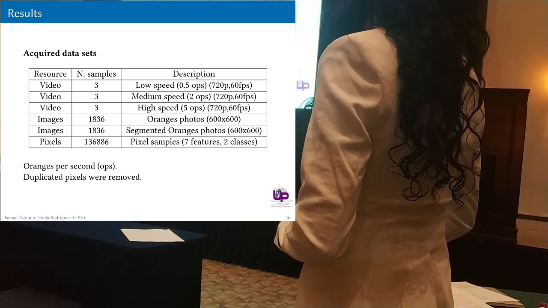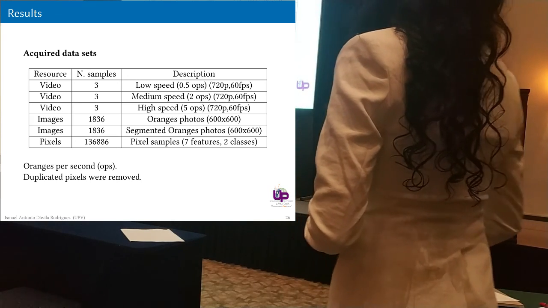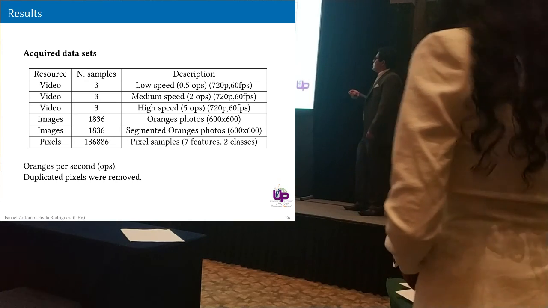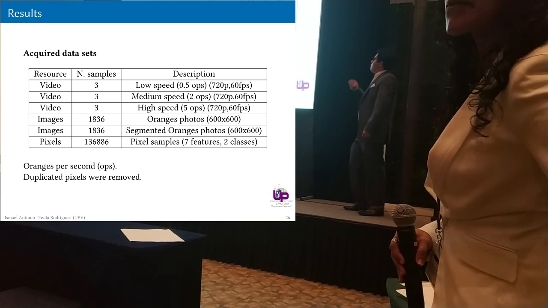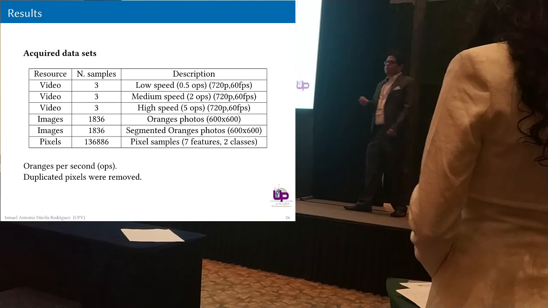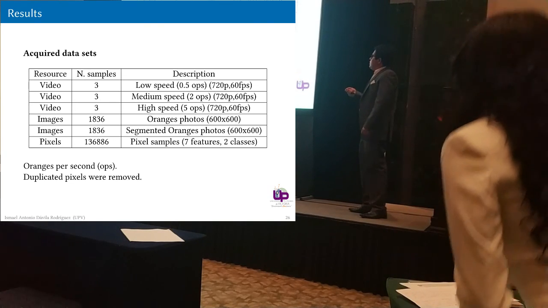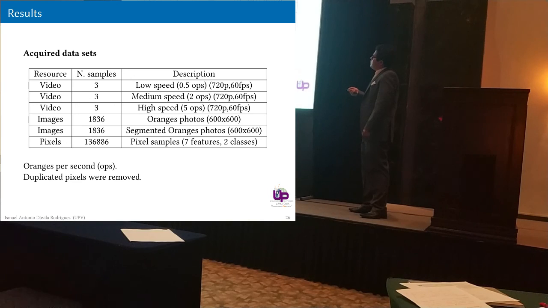So here we have the results. First of all, we recorded 9 videos with different speeds. As you see here, OPS means oranges per second. From the videos, this amount of images was taken, and also the same amount of segmented oranges.